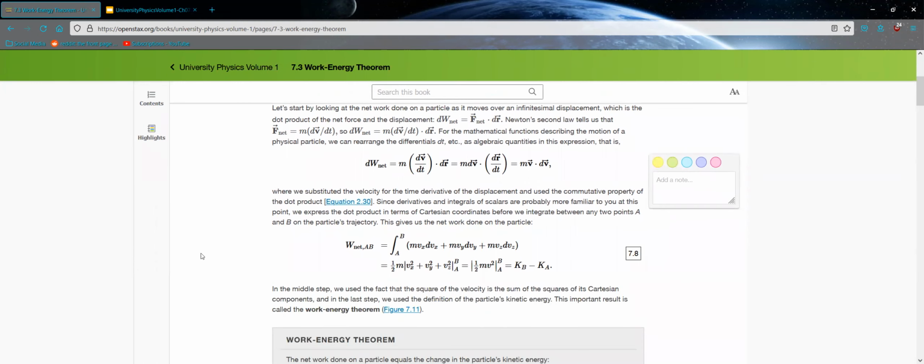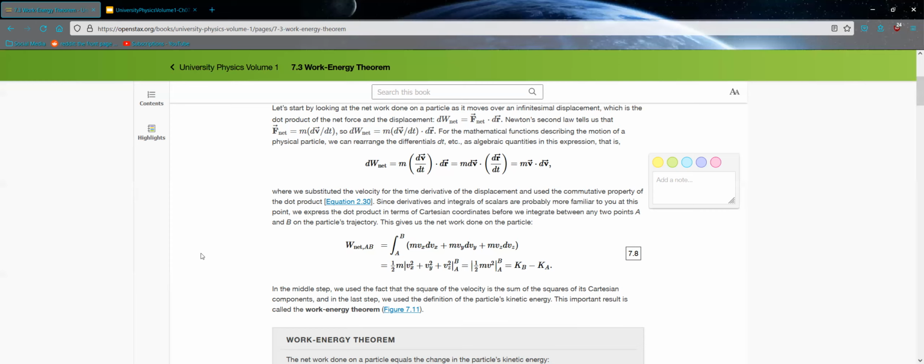So utilizing that dot product allows us to integrate over the x, y, and z components of our velocity and our changes in velocity. And when we do that, we come across kind of an obvious statement, which is the amount of work done to a system is directly related to the amount of energy expelled minus the amount of energy put in.